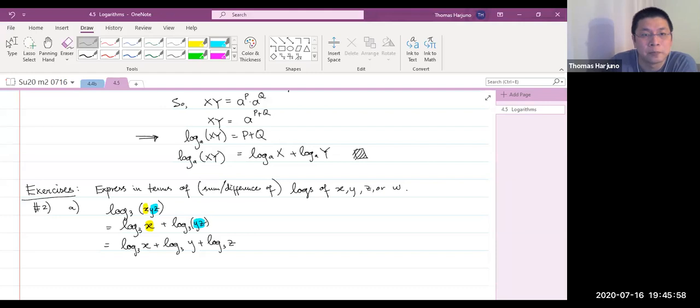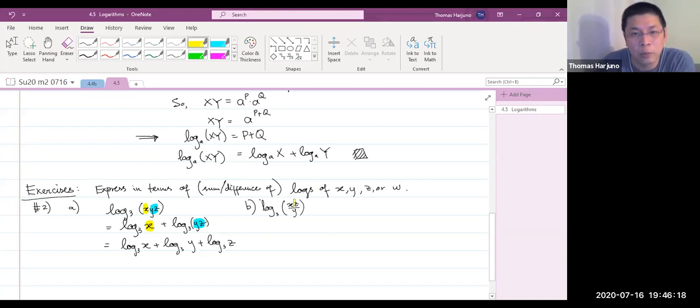Part B. Let me do it here. Log base 3 of xz over y. So I will see this as numerator, denominator.